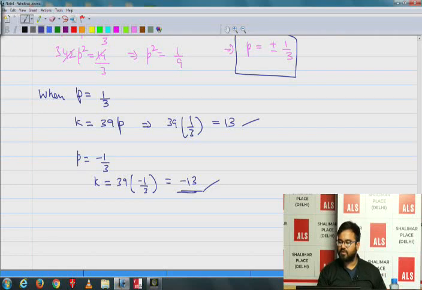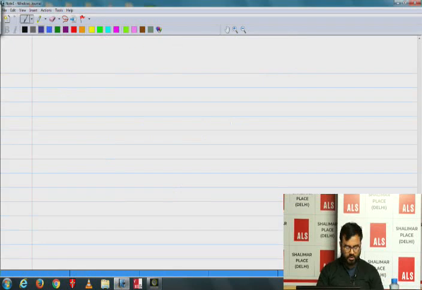Okay, let's move on to the next question. From the chapter polynomial again, a very good question based on the concept of division algorithm.